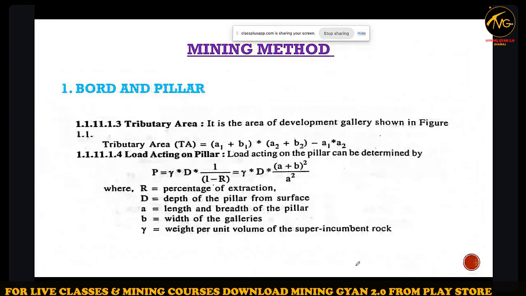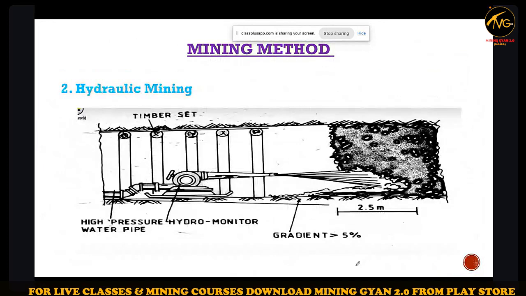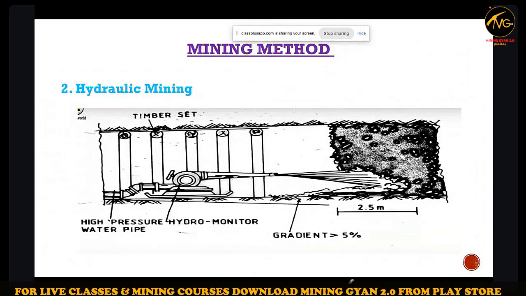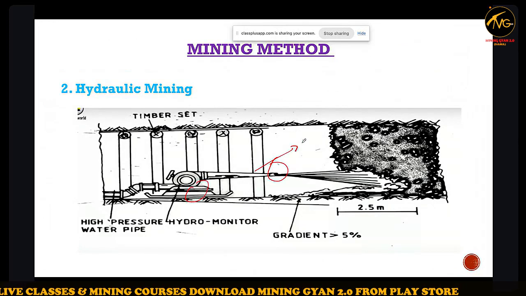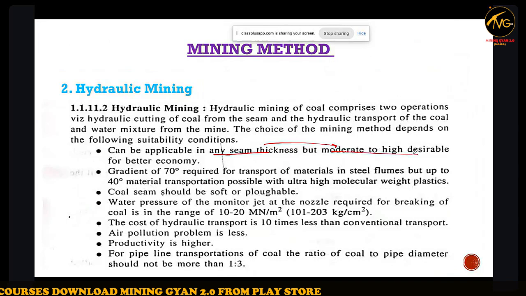I started from board and pillar, which we discussed yesterday. Then I started hydraulic mining, where a high pressure jet does both cutting and transportation. We use hydraulic mining in any seam thickness but prefer moderate and high, 70 degree, 40 degree.